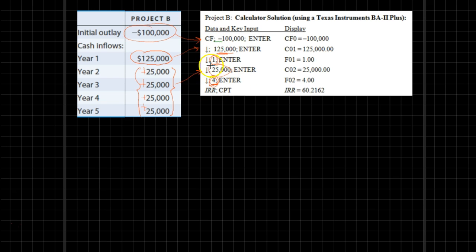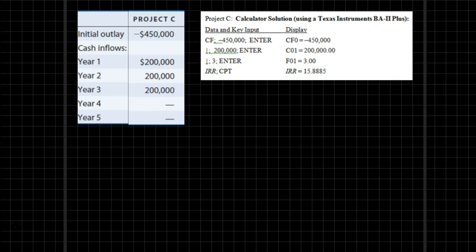Once you key that in, you realize the IRR is 60%, quite a high value. So the IRR for project B is equal to, it's not a dollar. Hold on. So it is 60.22%, very high.